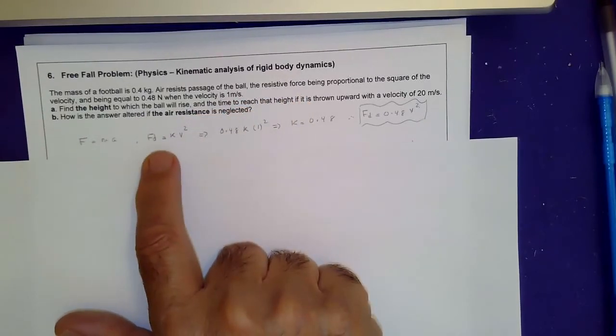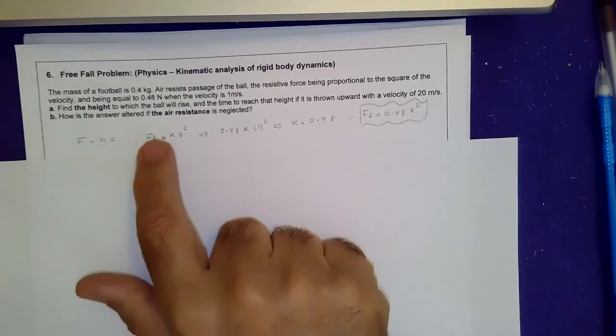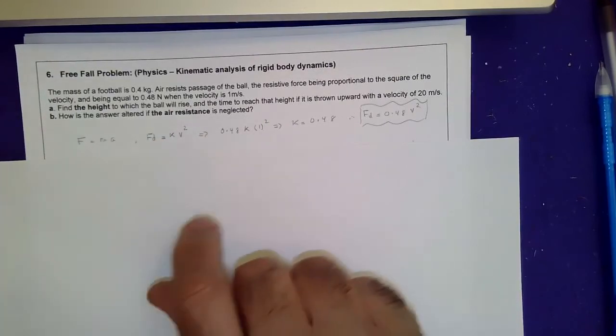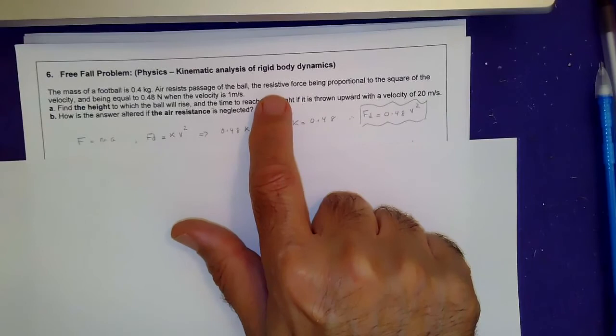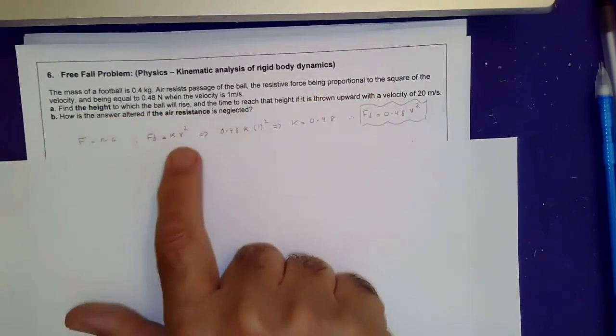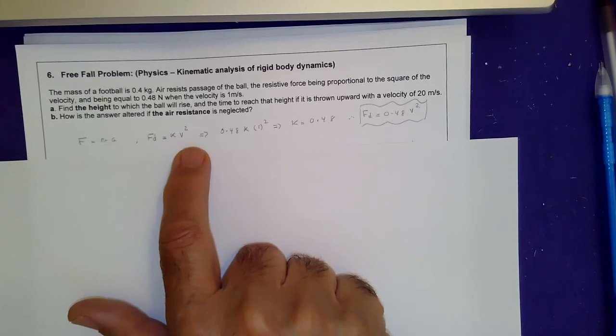Air resistance falls into the category of drag force. In other words, it reduces the motion of the object. It says right here, pretend the drag force is proportional to the square of the velocity. So F sub d equals kv squared.